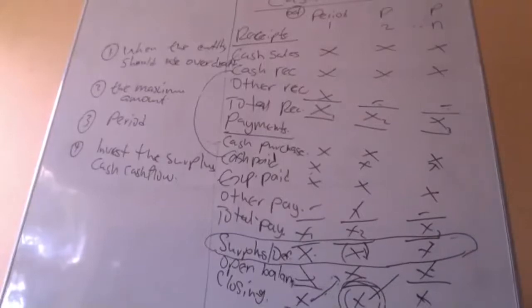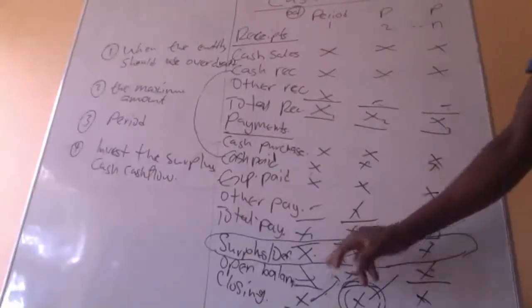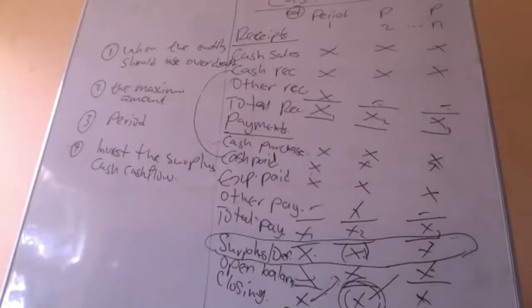And then invest the surplus cash flow. Where you have a surplus, you have to invest it towards an interest yielding investment, not just any investment. Don't put your funds there and at the end of the day there's no return. You're not an NGO.